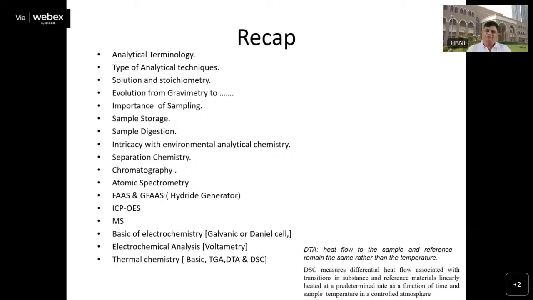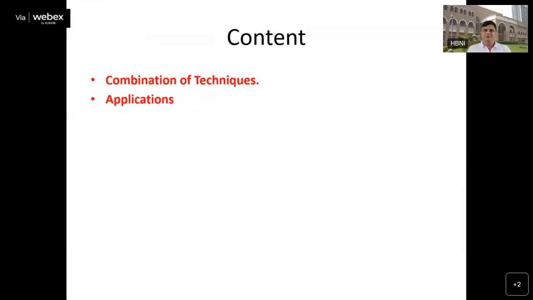We have almost covered about 70% of the course given to me during this advanced material characterization course. Now today, what we are discussing is basically the techniques which we have already learned. When we combine two techniques, that is, a combination of techniques and their applications.